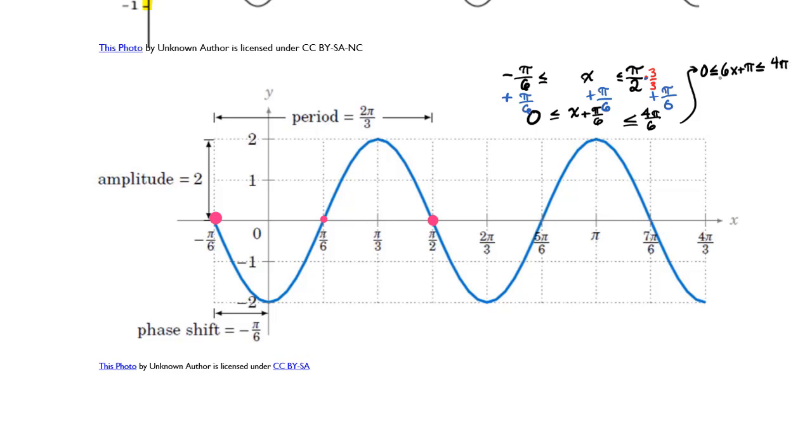We just need to divide everything by 2. That gives me 0 less than or equal to 3x plus pi over 2 less than or equal to 2 pi. So I now have found the inside of my function, which will be 3x plus pi over 2.